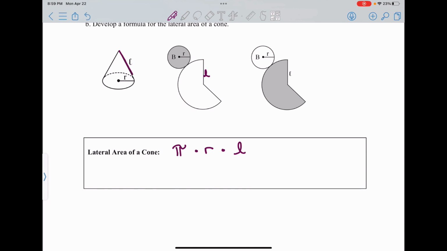Notice this slant height measure of this cone is going to match up with this measure here once the cone is flattened out. We call that length L, and that is our slant height. And this is the formula to finding the area of that sector of the circle.